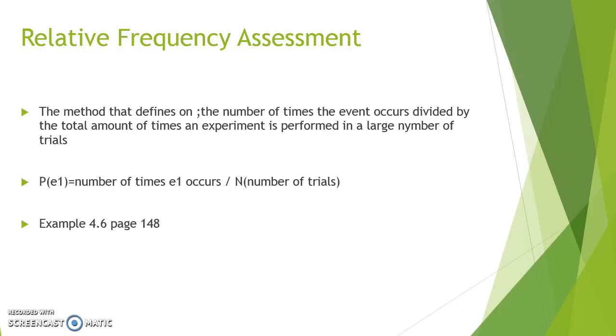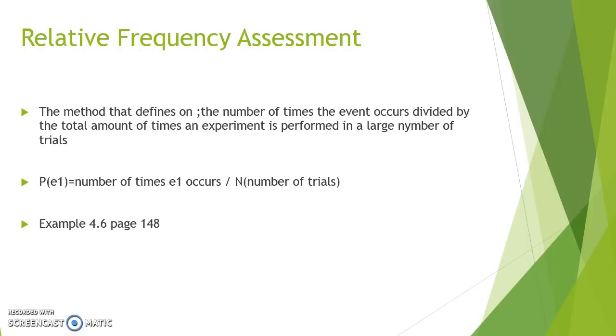Step 1 is defining the experiment: a randomly chosen customer selects between decaf and caffeinated. Step 2 is defining the event of interest: the manager is interested in the event E1, customer selected caffeinated.